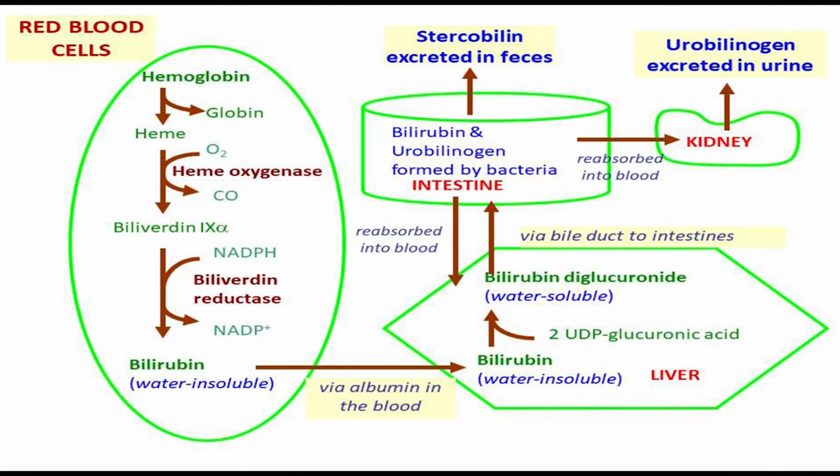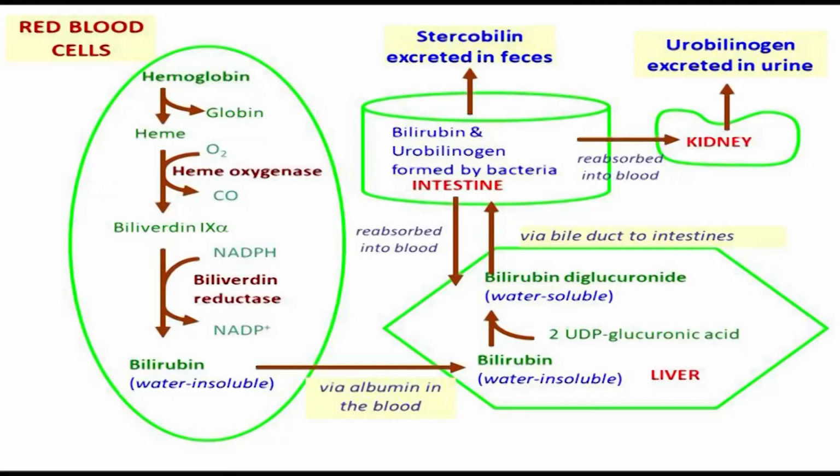So, you can see the color in the feces, and this is basically stercobilin, and the molecule which is excreted in urine is known as urobilinogen.